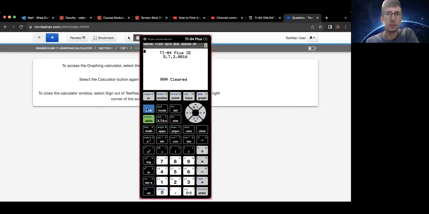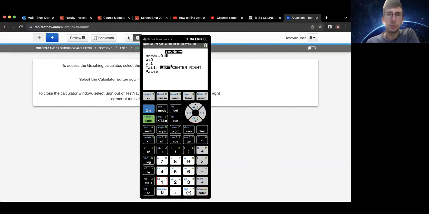So I'll switch over to our calculator. We can go to second and vars, and then go down to option 3, the inverse norm. INV norm is what we want to use when we're given the area under the curve and we're looking for one of those values along our x-axis.